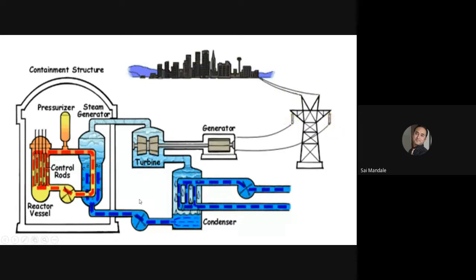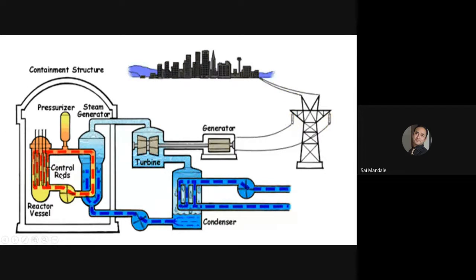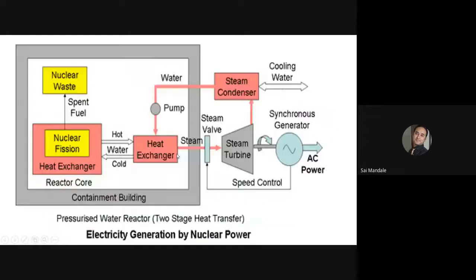I guess you are very much familiar with this 50% part: the function of the turbine, the generator, and the condenser. Now the part to focus on is the reactor vessel and the control shells. I'm just going to explain the nuclear reactor; the remaining part you are very familiar with.